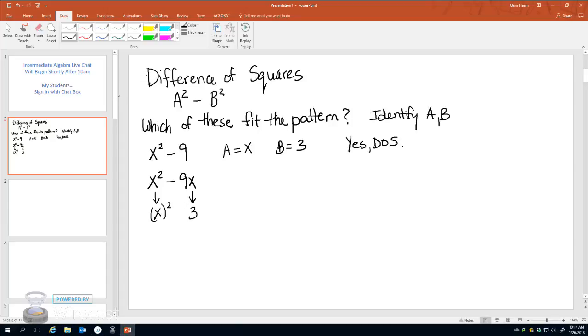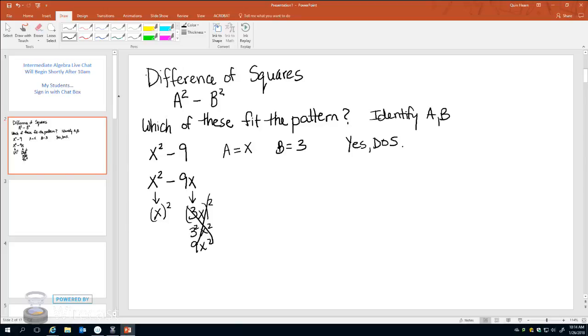But we have a little bit of a problem here because I have to end up with an x somehow. And if I put an x in here for part of my thing that's being squared, my B, if you square 3x, you get 3 squared x squared, or 9x squared, not 9x. This x is not a perfect square, so it doesn't fit the pattern.